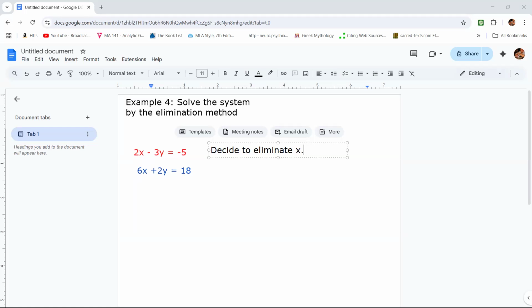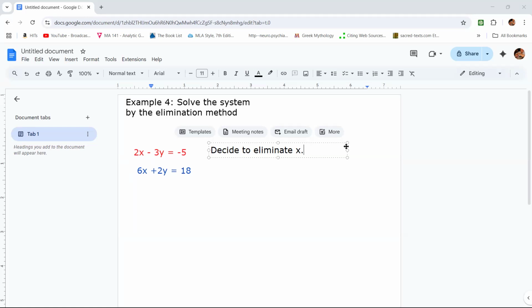So here's what I have to do. I have to find a number. I've got a 2x and I've got a 6x. I have to find a number that is what we call common. It's a common multiple of both of these. Now, what do I mean by that? I need to be able to multiply this, either the top or the bottom, by something and get the other number.